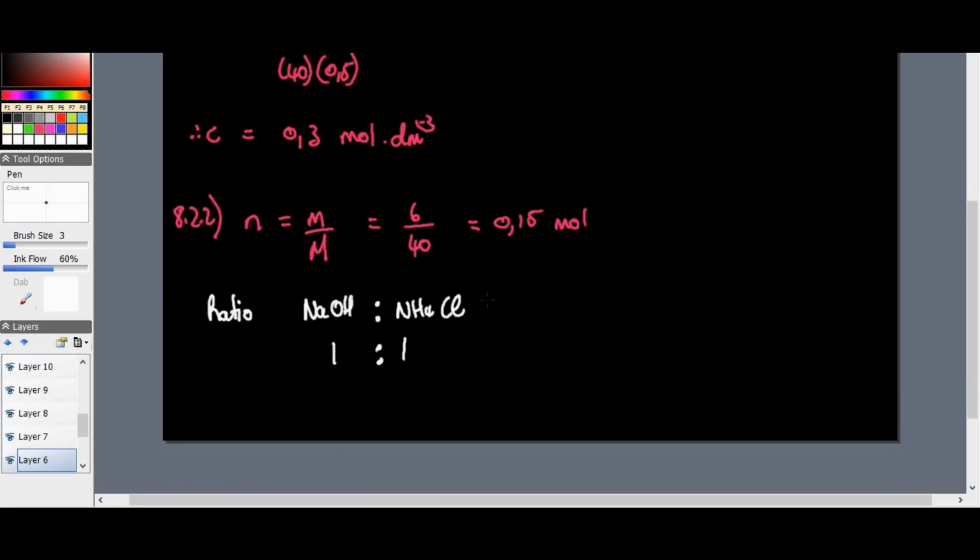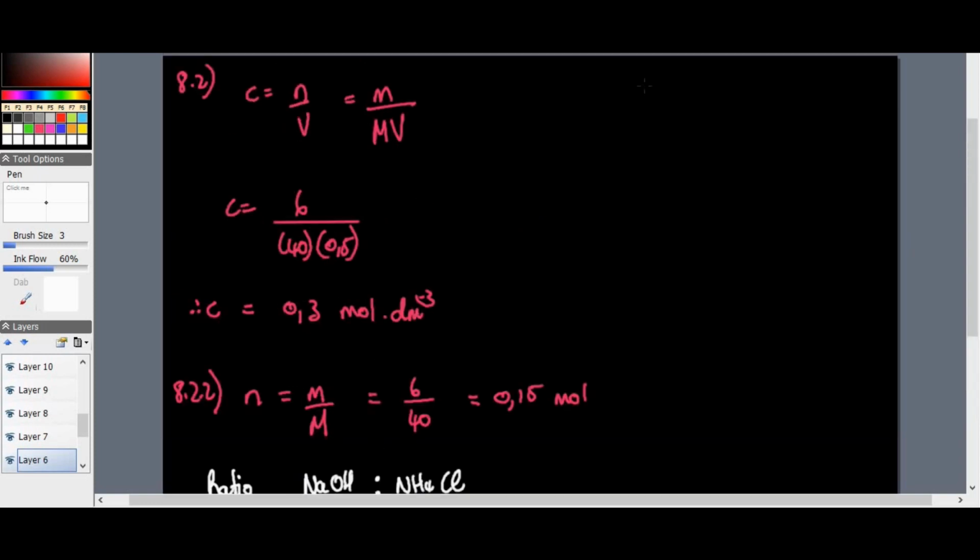So that means if we got a ratio of 1:1, that means it's 0.15 moles is to 0.15 moles. So now we can come up here and we can say for 8.2 continued, the number of moles must equal mass divided by molar mass. So the moles of NH4Cl is also the same, so it's 0.15. We don't know the mass of it though, and we need the molar mass of it.